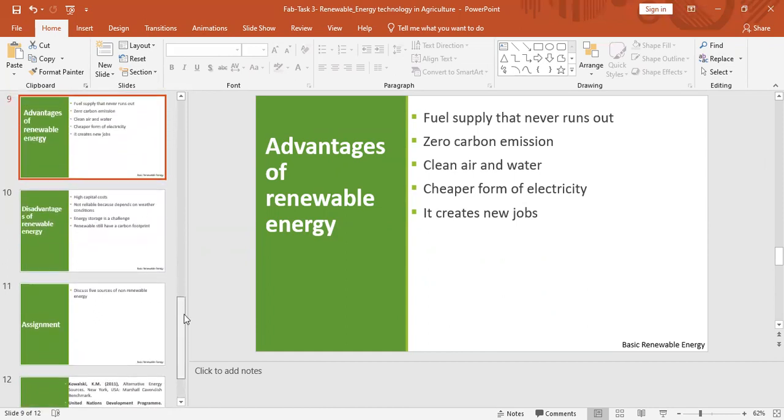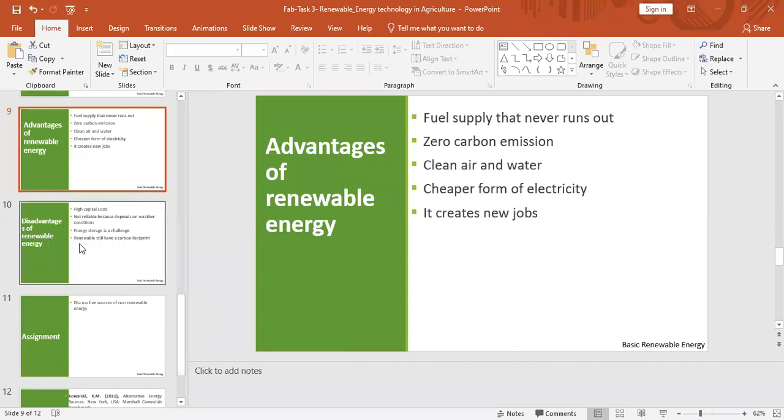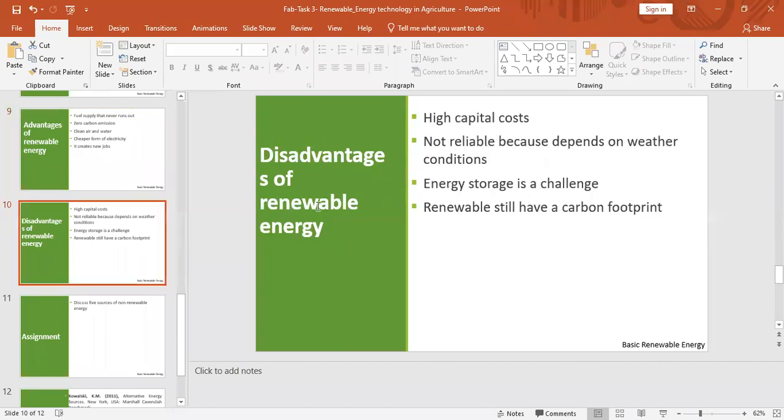As we know, to generate power from renewable energy, you have to invest heavily in infrastructure. Another disadvantage is that there is a problem of storage. You need an expensive storage capacity in order to harness, because it is only available during the day. For example, solar energy.